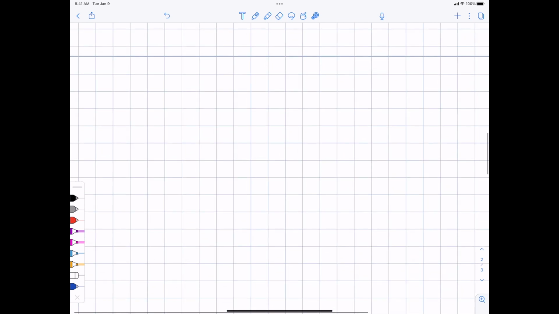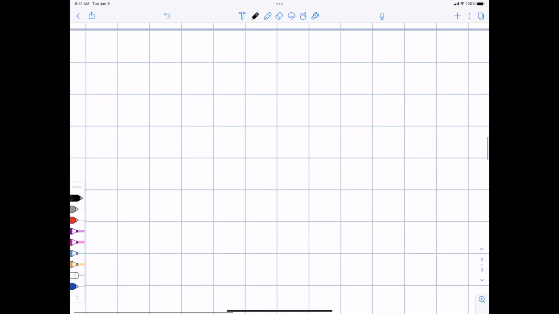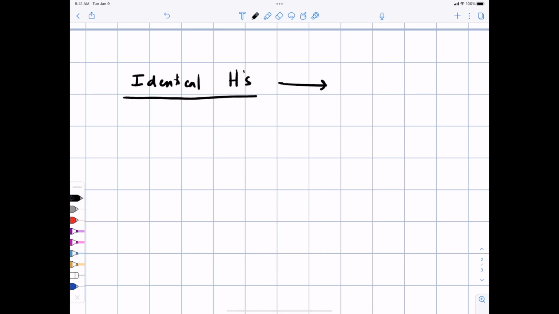And actually, this is where you want to dig out your knowledge and intuition from Chapter 5, stereochemistry, because identical protons are all about symmetry. Okay?